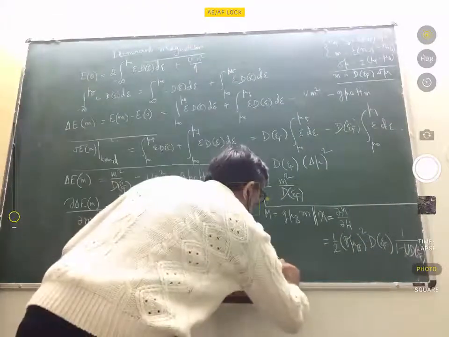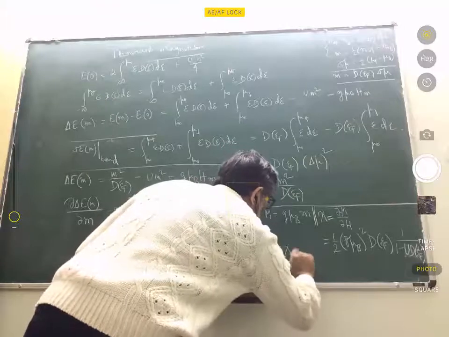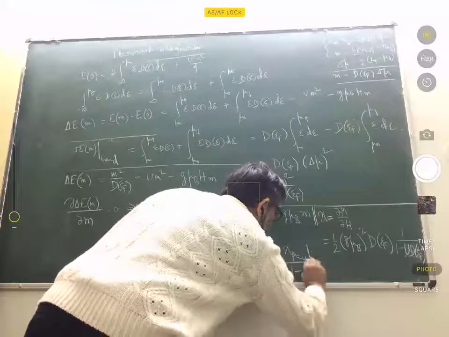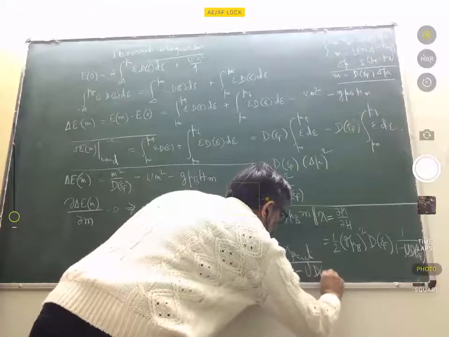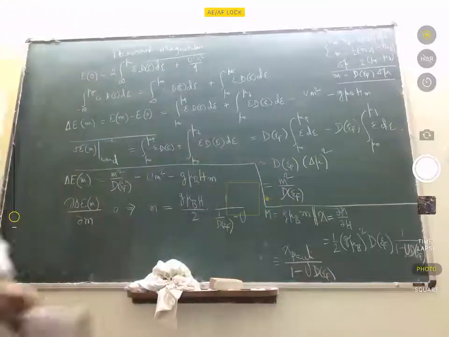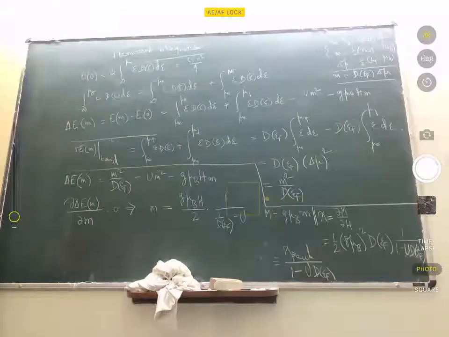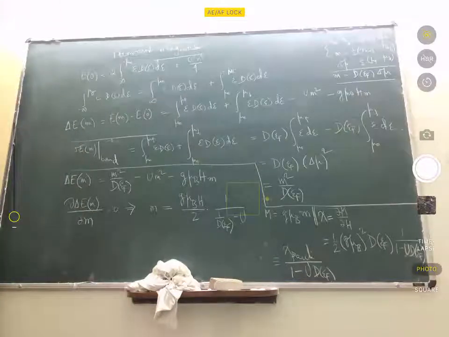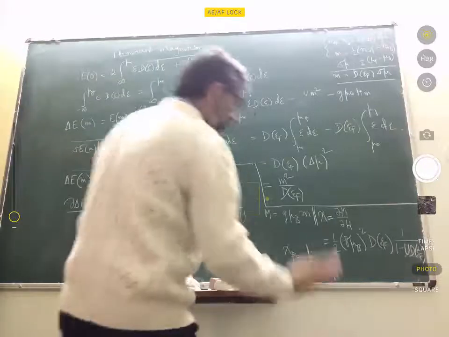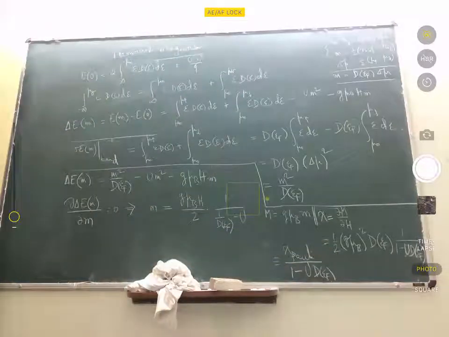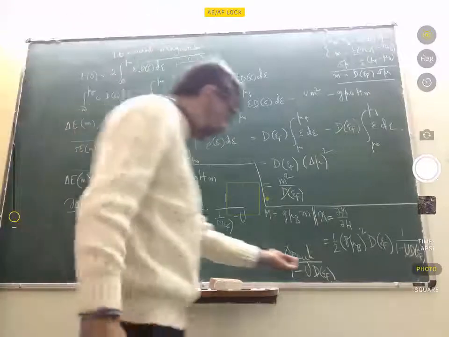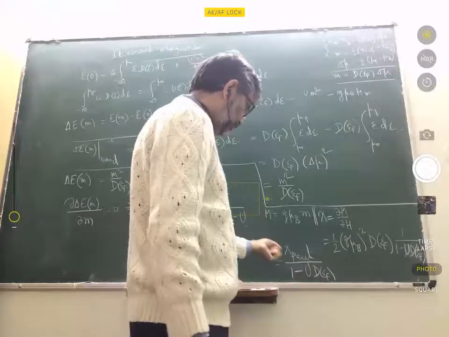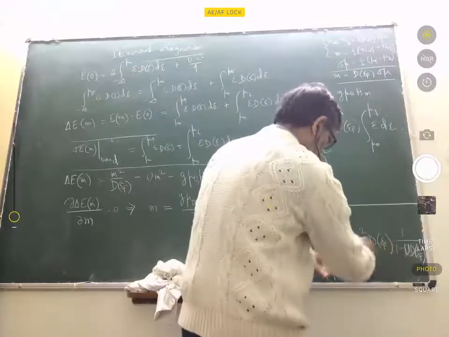this, which is written as chi Pauli divided by 1 minus U d epsilon f. So this brings out several things that I mentioned earlier. What would happen if U was 0? The denominator would just be 1, and the susceptibility of the system would be just this part.